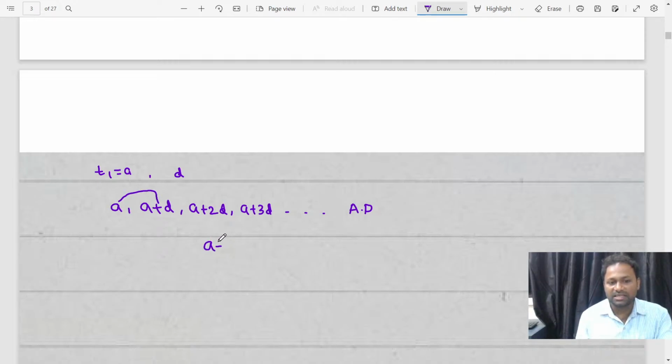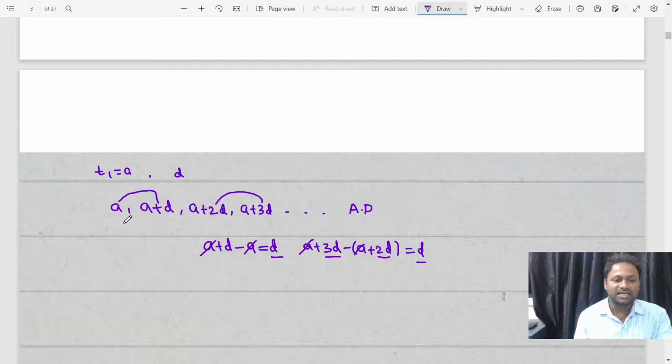So A plus D minus A: A got cancelled, that will be D. If you take these two also, A plus 3D minus A plus 2D, here plus A minus A got cancelled, 3D minus 2D. How much will the common difference be? D. Here also D, here also D.